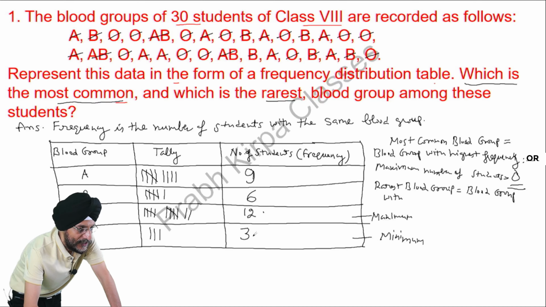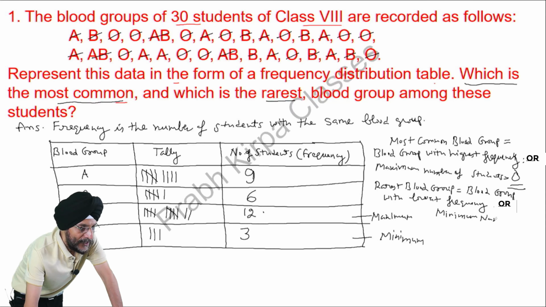The lowest frequency is in respect of AB, that is, the minimum number of students, equal to 3.